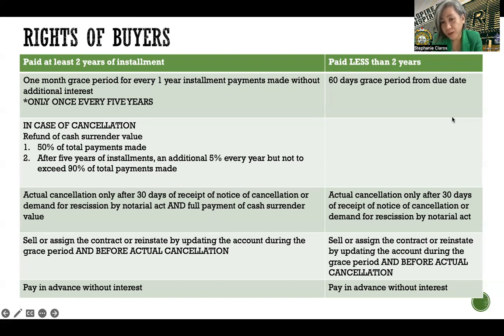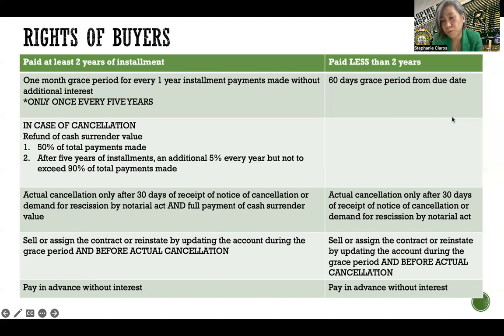and reinstate the contract by updating the account during the grace period and before actual cancellation. Another right of the buyer is that the buyer can pay in advance without interest. Because when you purchase real property in installment, guys, there is a schedule of payments, and you'll see a breakdown of the application of your payment, what goes to interest and what goes to principal.